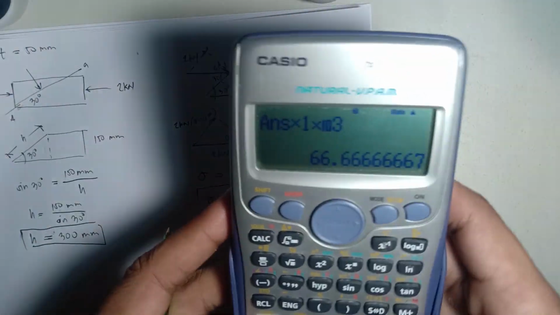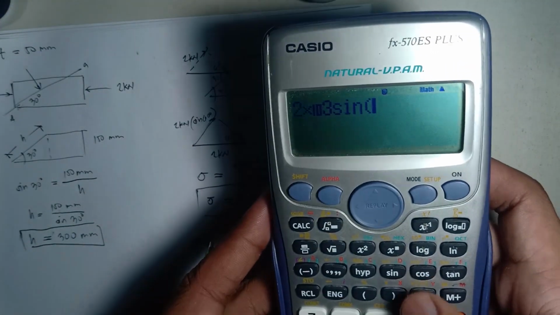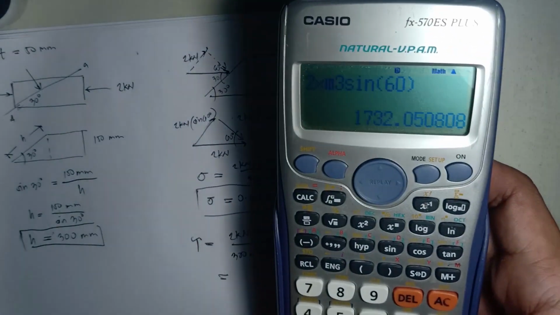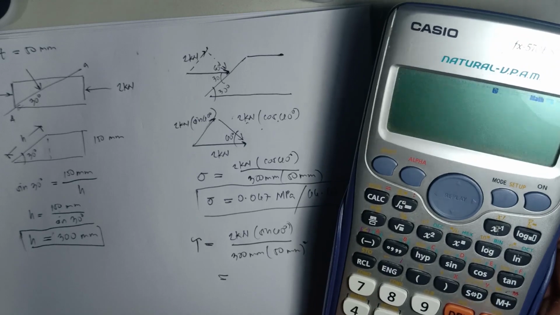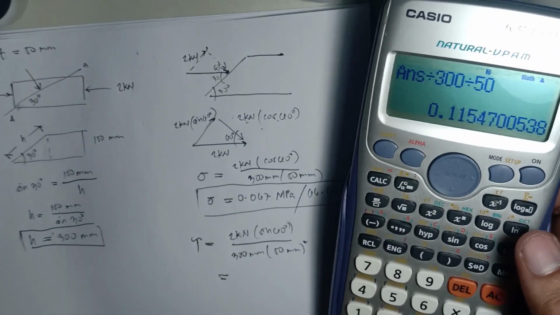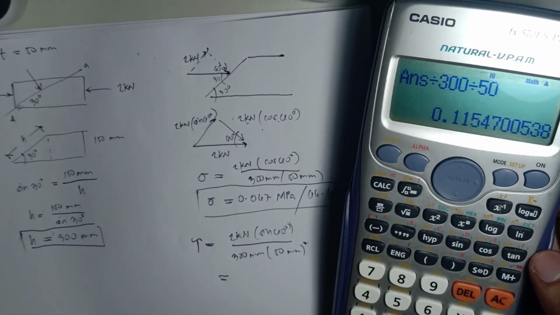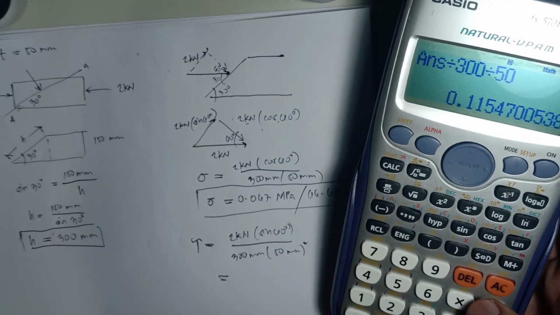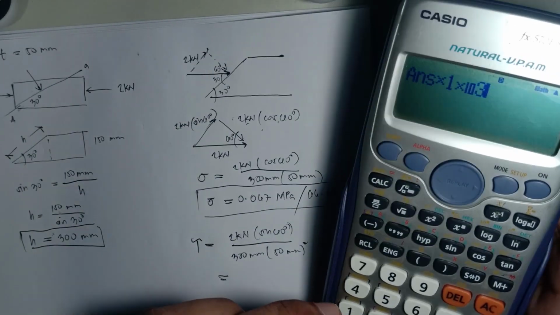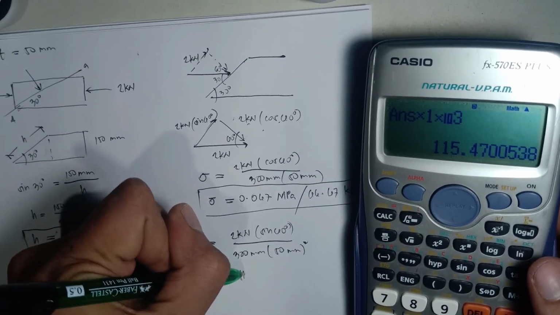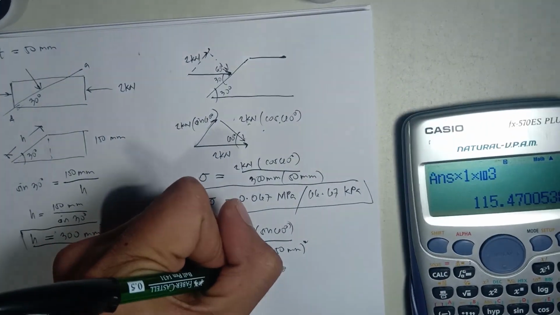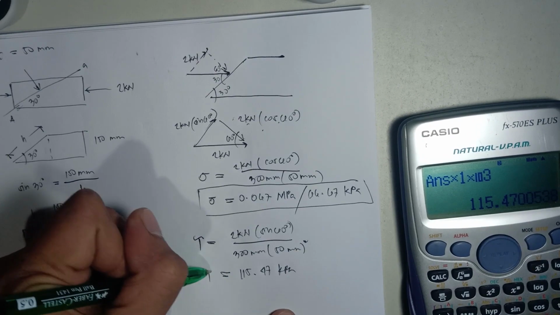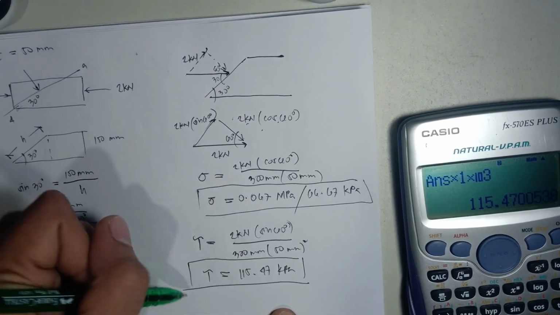Kaya yung value niya is 2,000 ulit sin 60, divide 300, divide 50. Ayun. So, ang value naman ito ay naka Newton per square millimeters. Kung gusto mo maging Pascal, times ka lang 1,000 ulit. So, 115.47 kilopascal. Ayun.